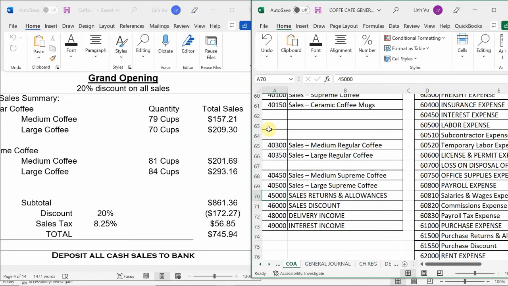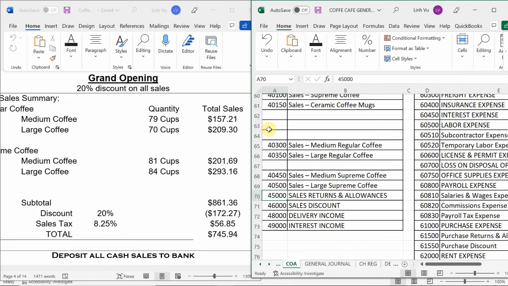So it'd be a very good idea to keep a good track record by itemizing each part of my sales separately, so that I know I sold X amount of cups and how many more cups I need to buy. And then I can also figure out which one is the more popular coffee. If I'm selling more Supreme coffee, then I need to buy more Supreme coffee.